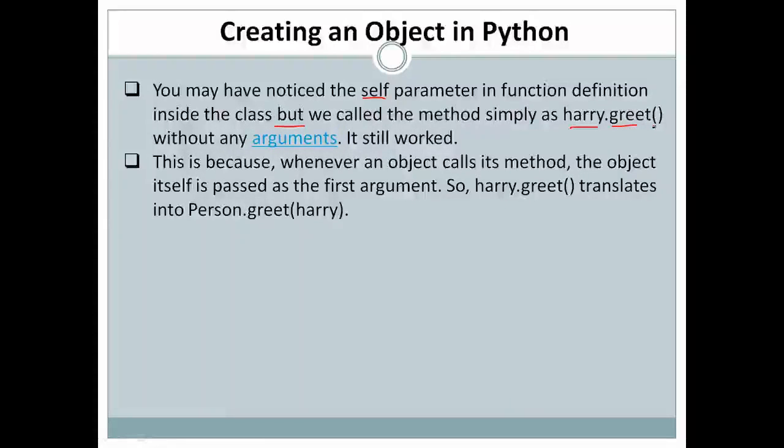We haven't sent any arguments to it, but still it worked. Our method greet is accepting one parameter, that is self, but while calling the function we are not sending any arguments there. But how did it work?